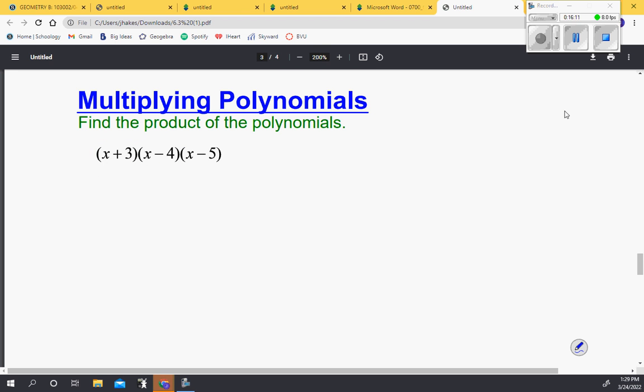So, start by multiplying this x to both the x and the negative 4. X times x is x squared. X times negative 4 is negative 4x. Then move on to the 3. 3 times x is a positive 3x. 3 times negative 4 is a negative 12.